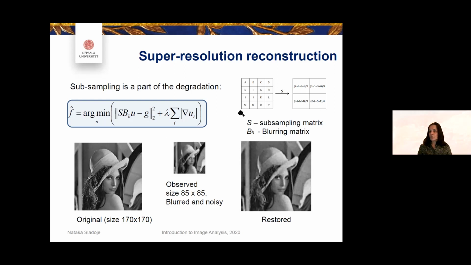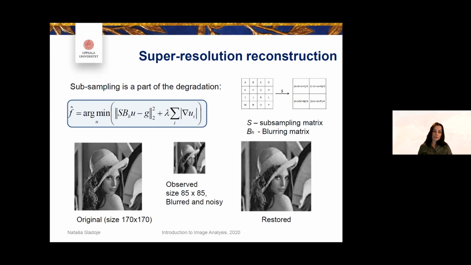And that is also possible to include very easily, because this subsampling can very easily be expressed as a matrix operation, which then can be used in this sequence of matrix multiplications which are applied to our image.